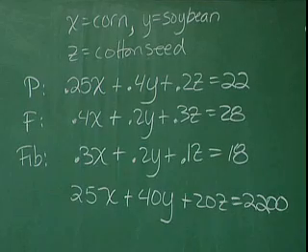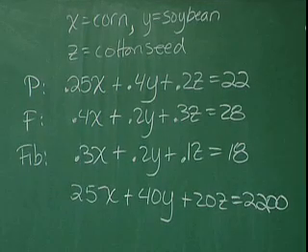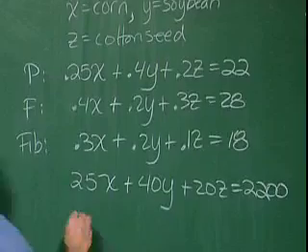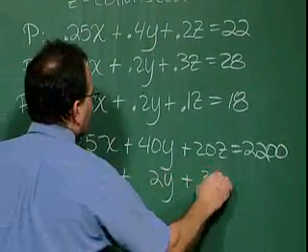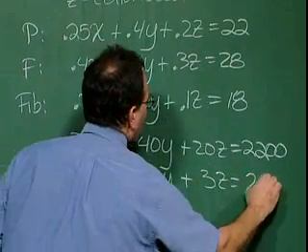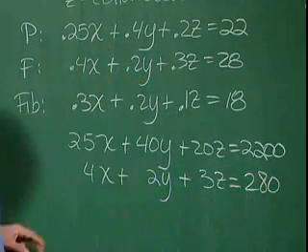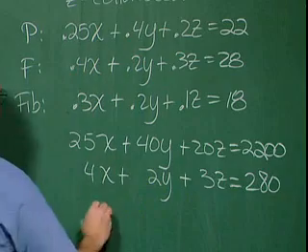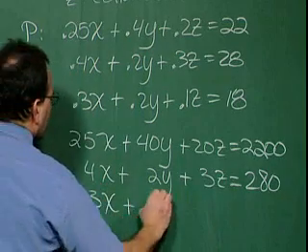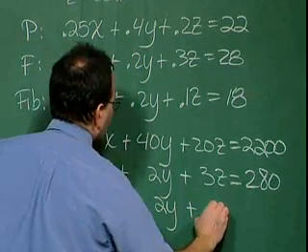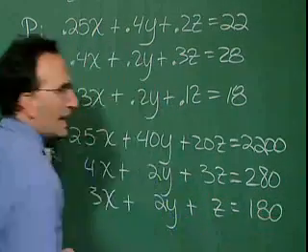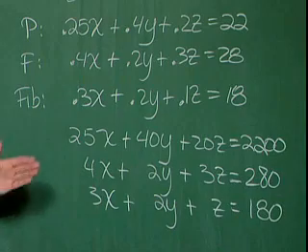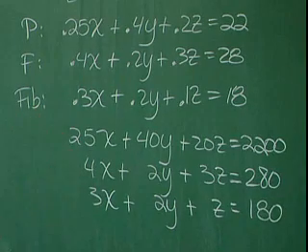I would have to multiply equations 2 and 3 by 10. And when I do that, I get 4x plus 2y plus 3z equals 280. And then this equation by 10 gives me 3x plus 2y plus z is equal to 180. And again, we'll refer to these as equations 1, 2, and 3.